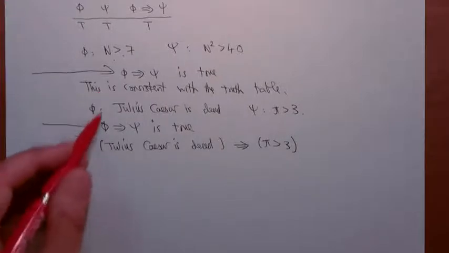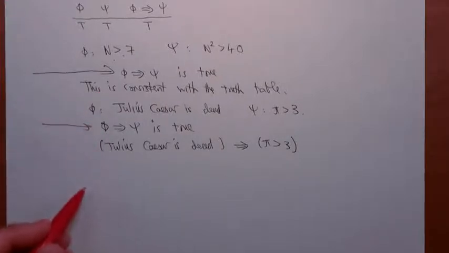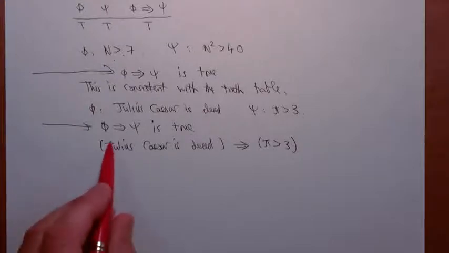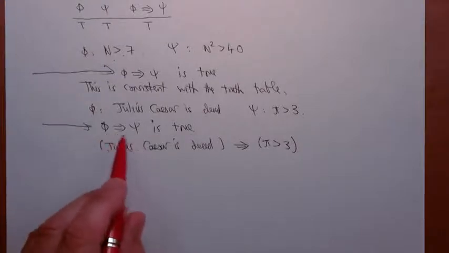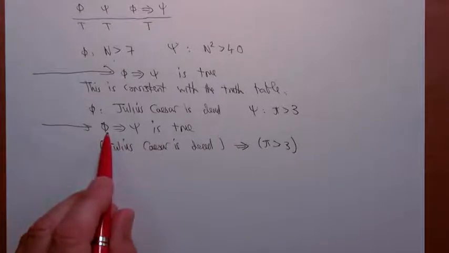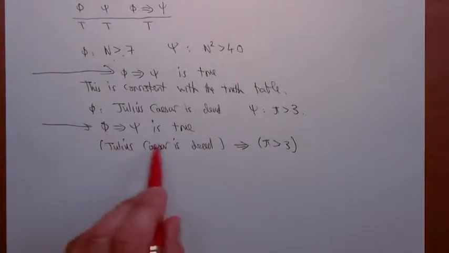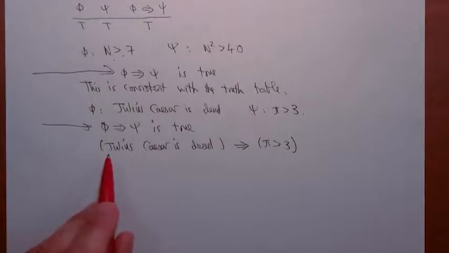Incidentally, if you think this is just playing games, let me mention that the computer system that controls that aircraft that you'll be flying in next time depends upon the fact that expressions like this are always well defined. That software control system doesn't depend upon knowing whether Julius Caesar is dead or things like that. It doesn't depend on those kind of facts of the world.